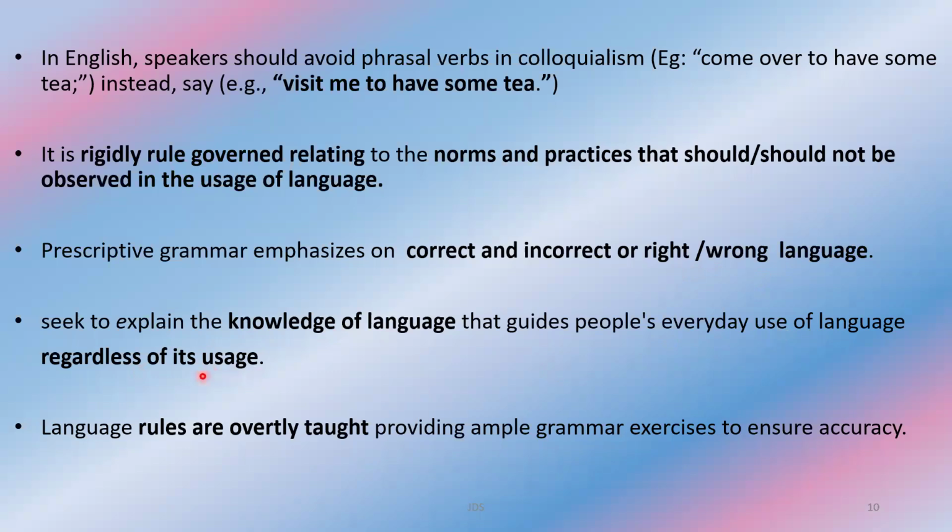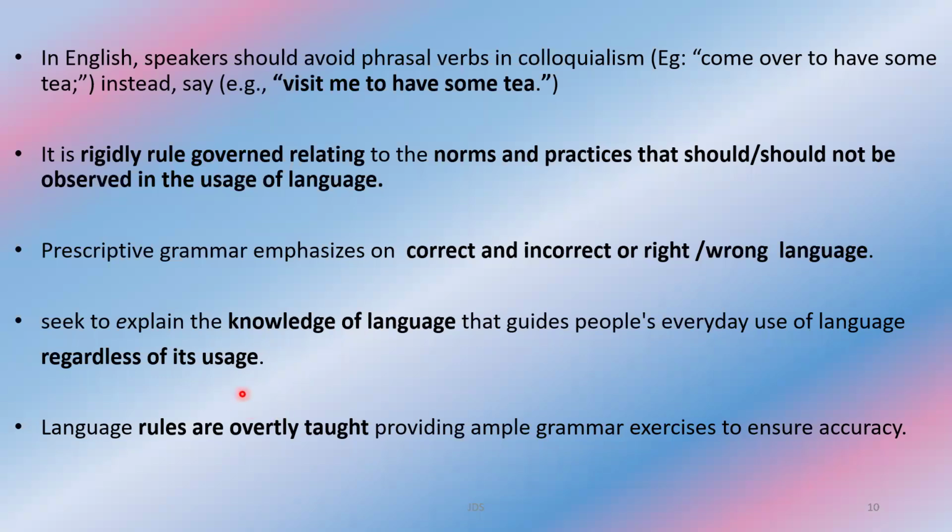So they are not much bothered about the usage of language, but more than that, under prescriptive grammar, they expected the person to have a complete knowledge of the system of language. It can be something to do with the phonological system or morphological system. Those pieces of knowledge connected to the entire system of language were expected to be learned by the person.